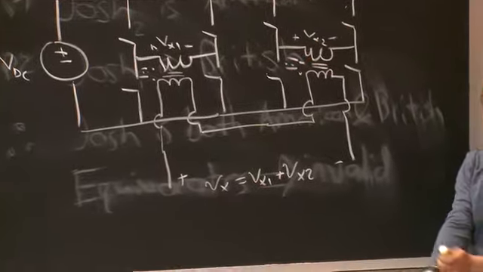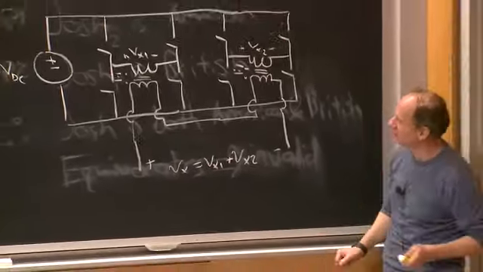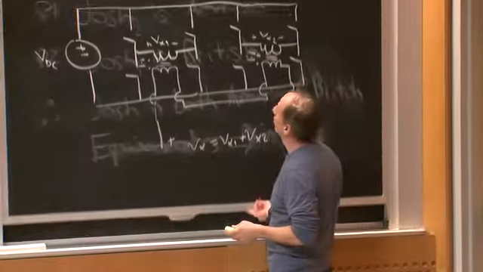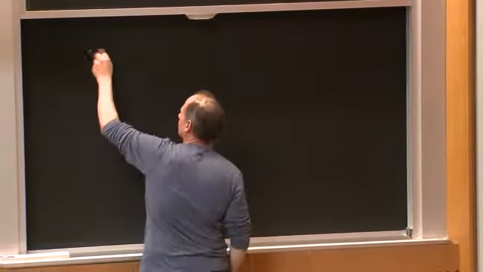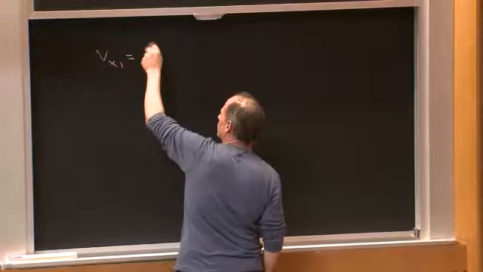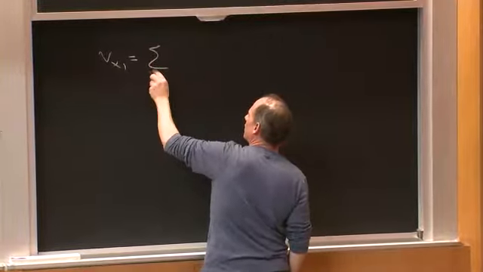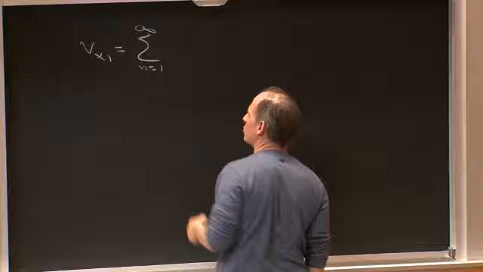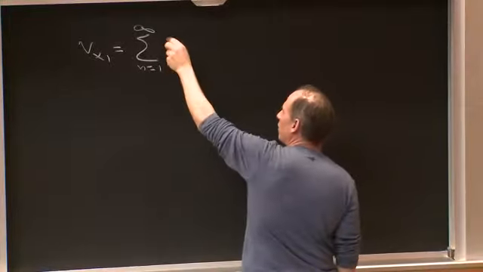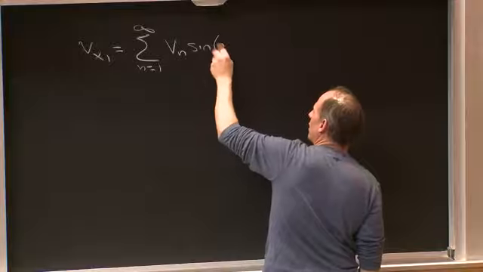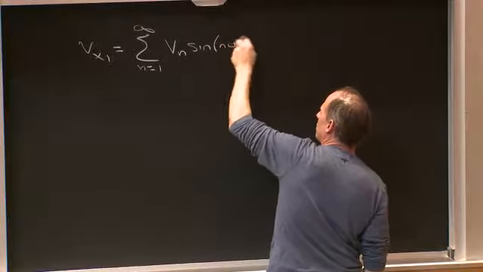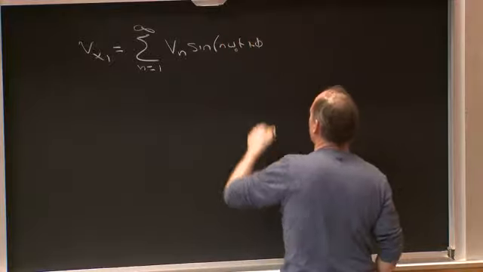So what is the content if I say Vx1 is equal to the summation of n equals 1 to infinity, let's assume I'm just doing odd waveforms, of V sub n sine of n omega naught t plus phi sub n?